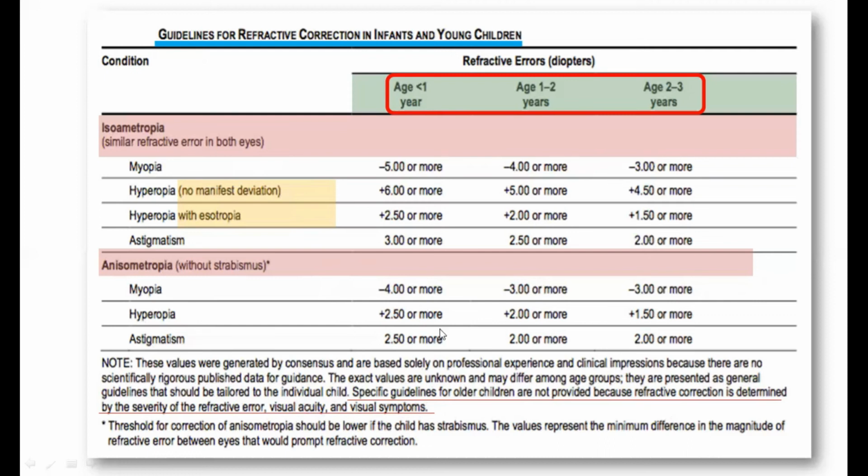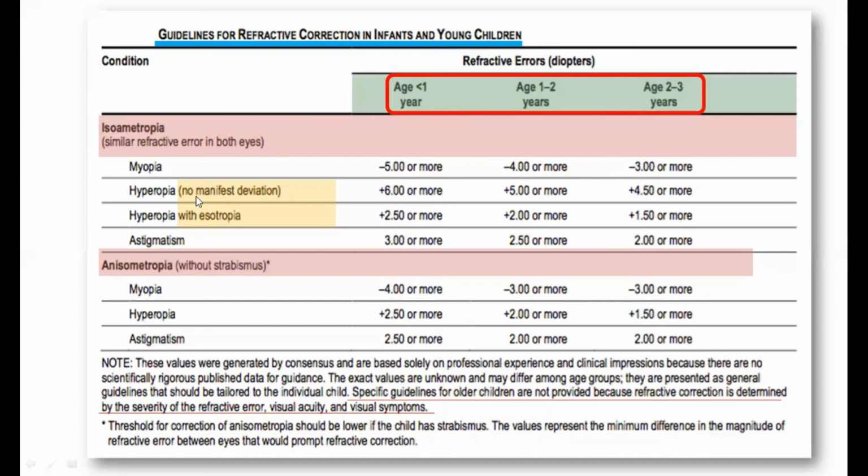Because we expect that after this age group, the child is old enough and cooperative, so we can test the visual acuity more accurately and document whether there is amblyopia or not. And also we can take a reliable history from parents regarding any visual symptoms.